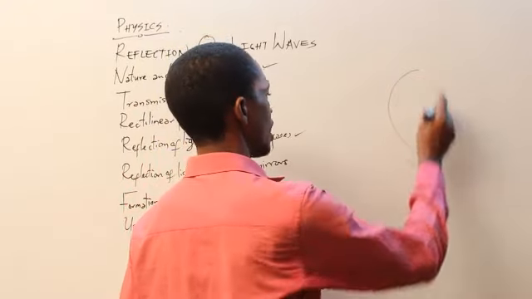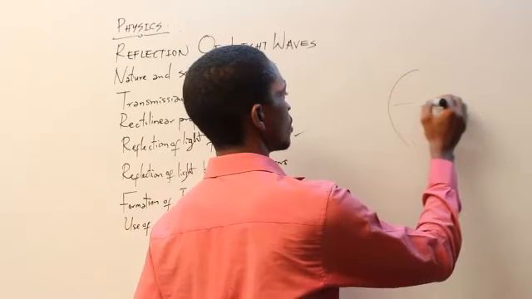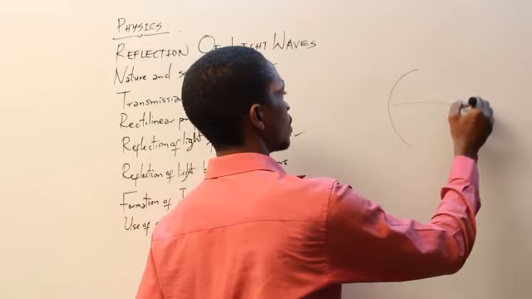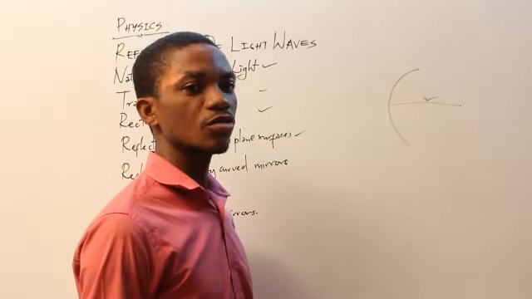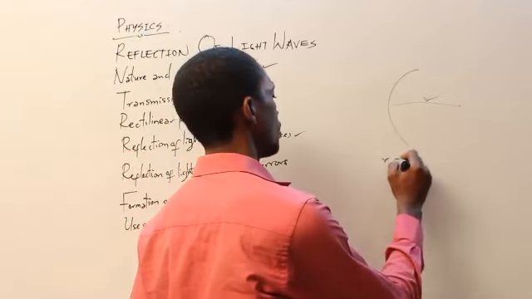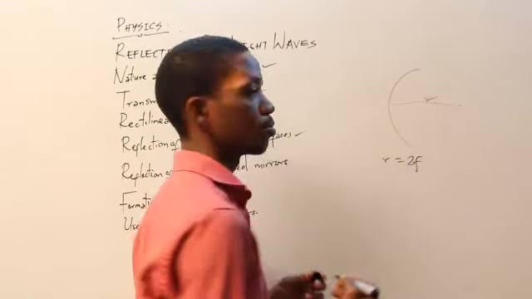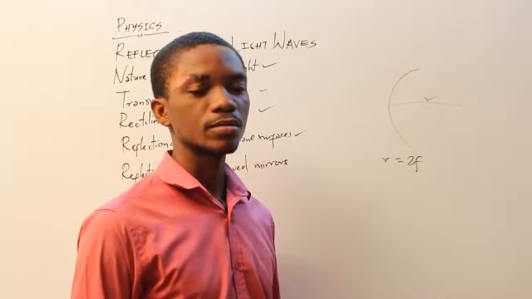Of course, originally it has a radius. So that radius, R, is known as the radius of curvature. And it is very important because R equals 2F, where F is the focal length.